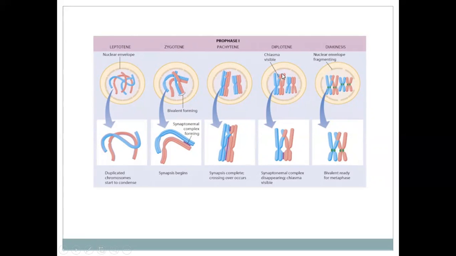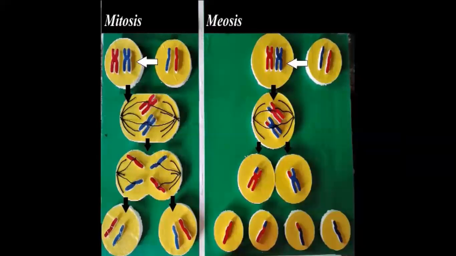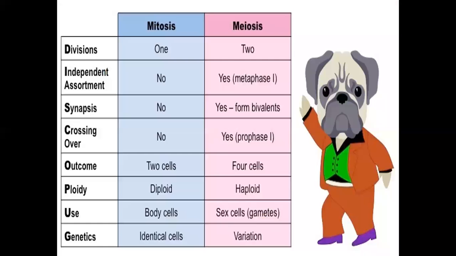Thereafter non-sister chromatids undergo crossing over, and crossing over and chiasmata formation occur in the diplotene stage. Thereafter completion and genetic information transmission finish in diakinesis. The nuclear membrane disappears, and the nucleolus also disappears in the prophase 1 stage. The difference between mitosis and meiosis is important, and you already know it.